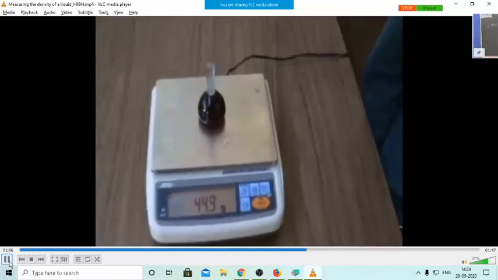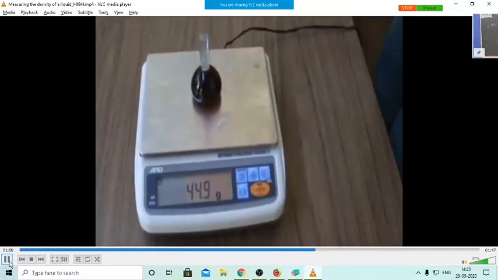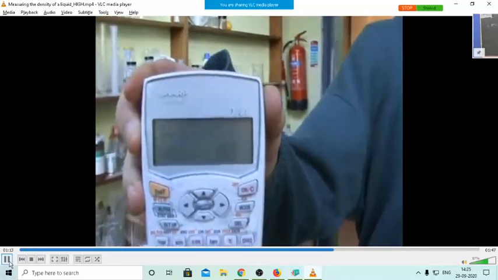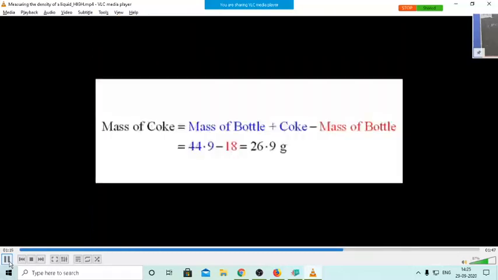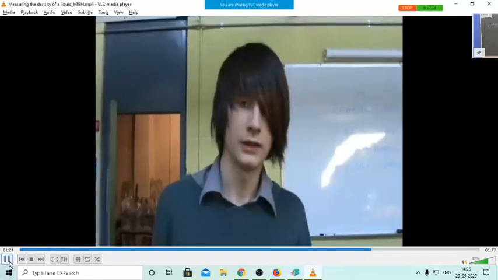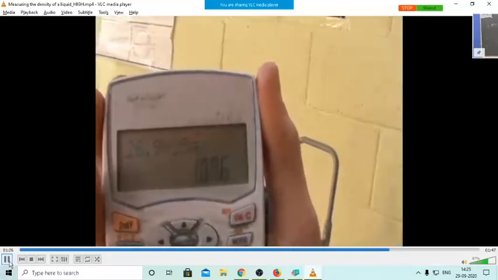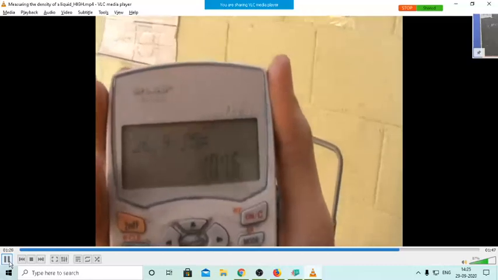The mass of the bottle and the Coke is 44.9 grams. That means the mass of the Coke itself is 26.9 grams. To find the density, we divide the mass by the volume. The density of the Coke is 1.076 grams per cubic centimeter.